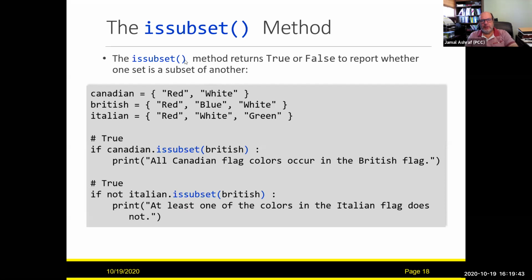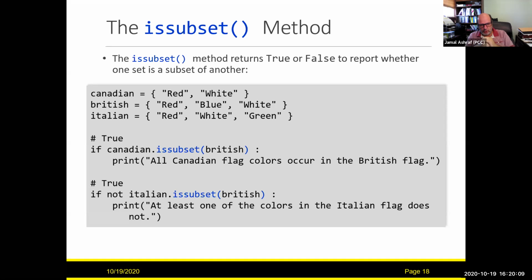We have a method that we can call, called issubset. We can check to see if one set is a subset of the other one. Of course, if you have just a few of them, visually you might see it, but if you have lots of them, you might not be able to see it. If I have 10,000 elements in one set and 1,000 in the other one, I want to see if all of the elements of the smaller one are contained in the bigger one.